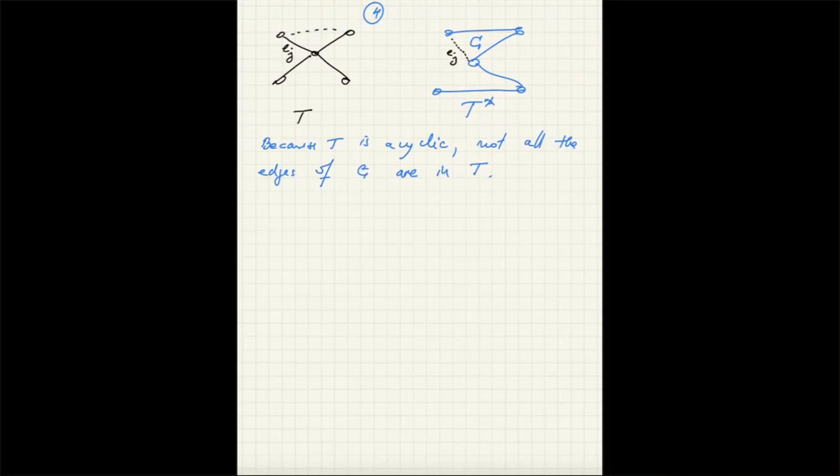That's exactly what I'm going to say. There exists, let's say, E prime J in C such that E prime J does not belong to ET. This would be E prime J here.